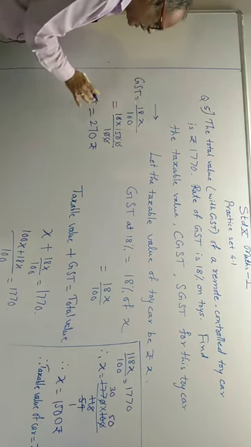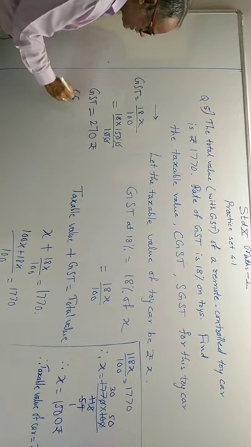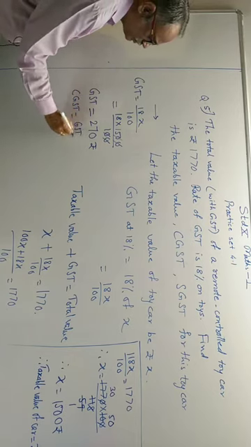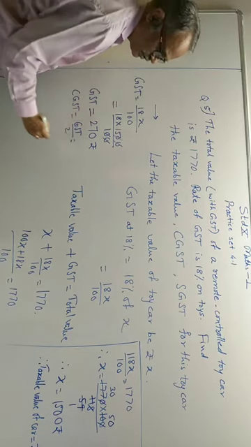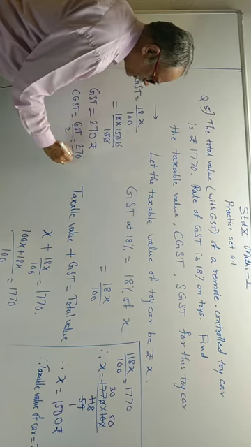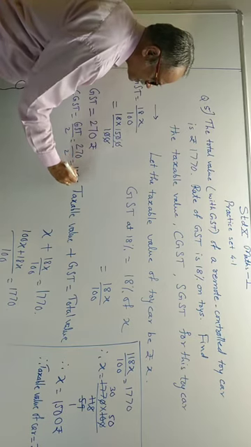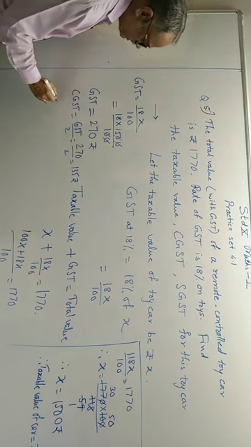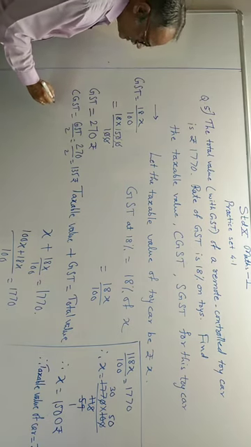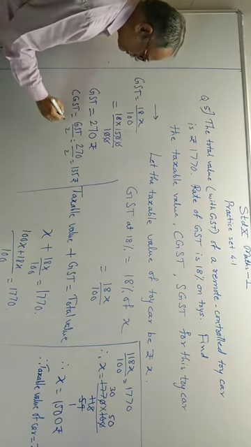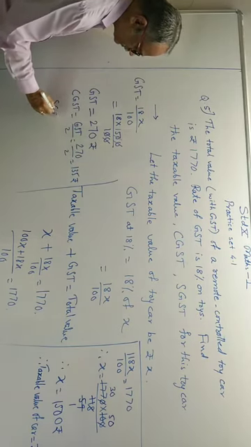CGST and SGST is half of GST. CGST is GST upon 2. So out of this 270, half of that, it is 135 rupees goes to CGST. And SGST is equal to CGST.